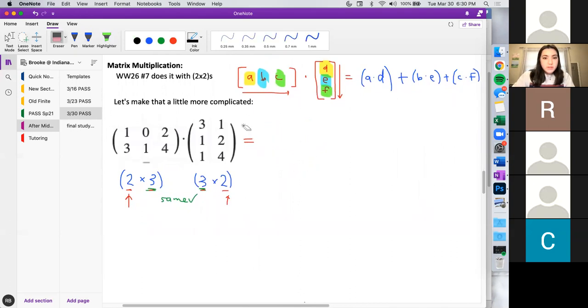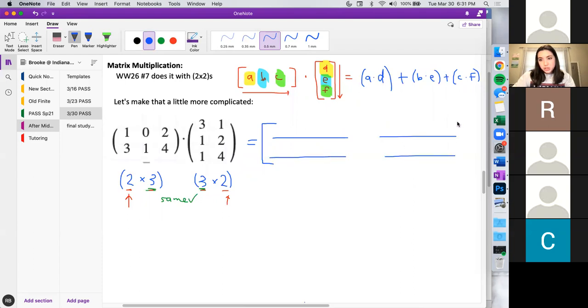So for this one, it's going to look huge, but eventually you'll be able to do it in your head, I promise. So if I wanted to take my product and look for this first entry, I'm just going to give myself a lot of space in here. Here is a 2 by 2 matrix.